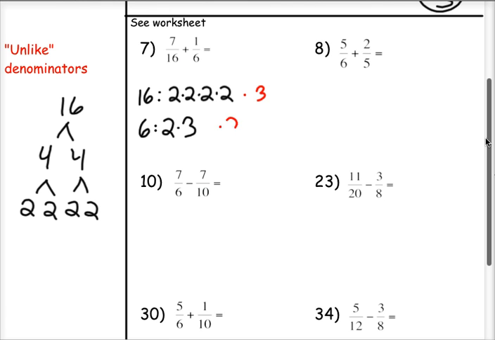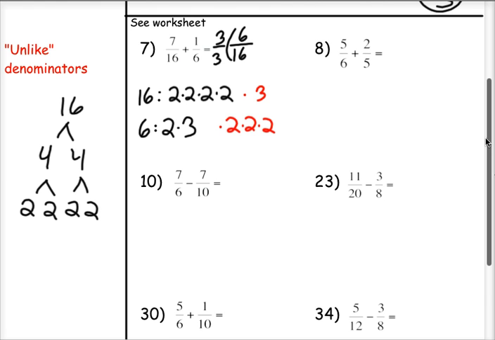Well, it has 3 additional 2's that the 6 does not have. Now, why am I looking at it this way? Well, I'm looking at it this way because now I need to multiply each fraction by what it's missing. So that 7/16 is missing a 3. So I'm going to multiply it.